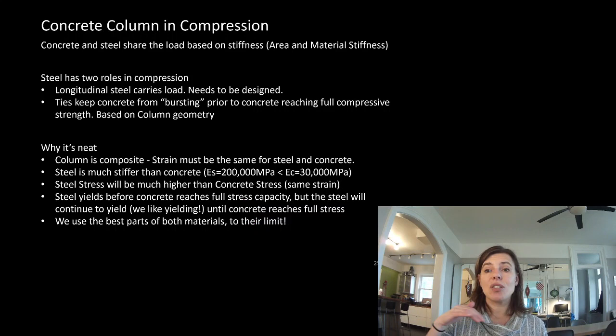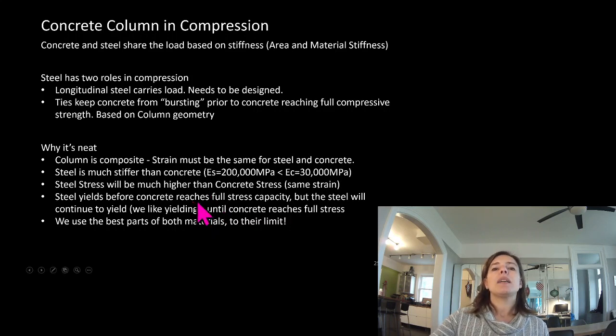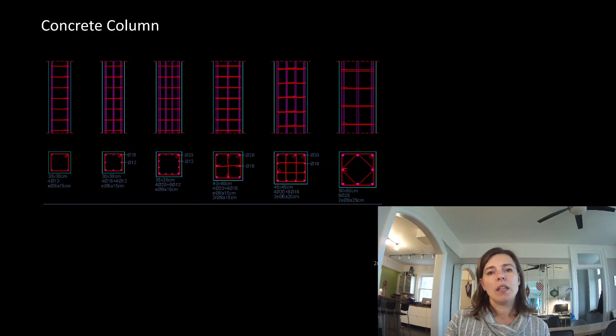So the steel starts to yield, but it doesn't fail. When steel yields, it doesn't fail. It's ductile. So it will just deform some until the concrete then reaches its full capacity. So based on the fact that the steel is ductile, we actually end up getting to make full use of both materials.